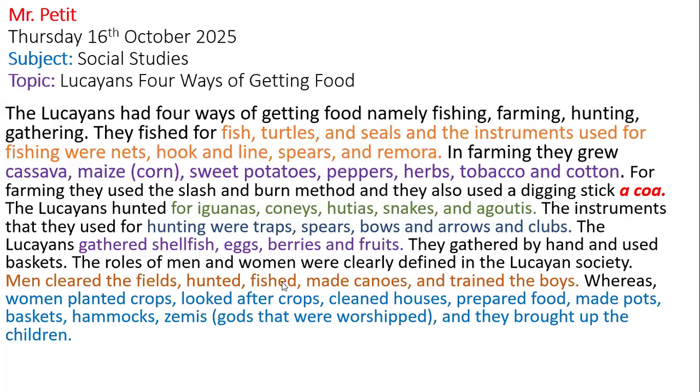Yes, Miss Petit, go ahead. Did the Lucayans speak English? Like how we speak it? Definitely not. No. They didn't speak English. Spanish? Because they come from South America.